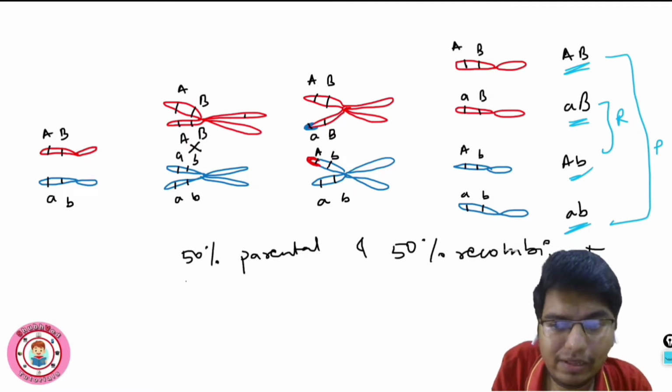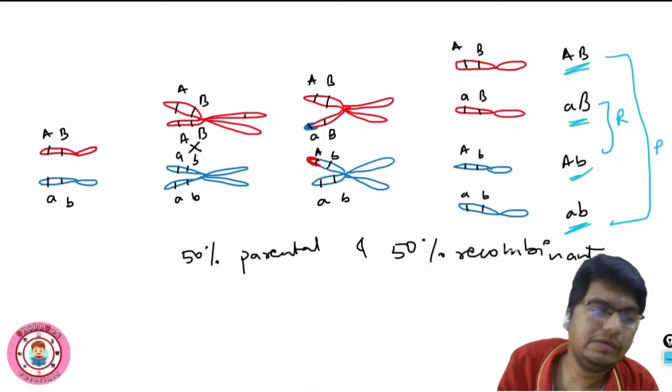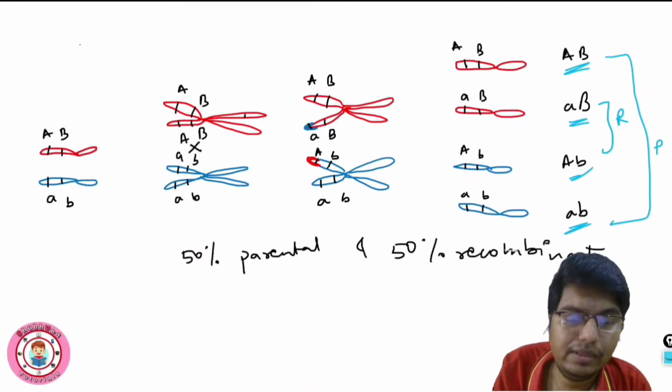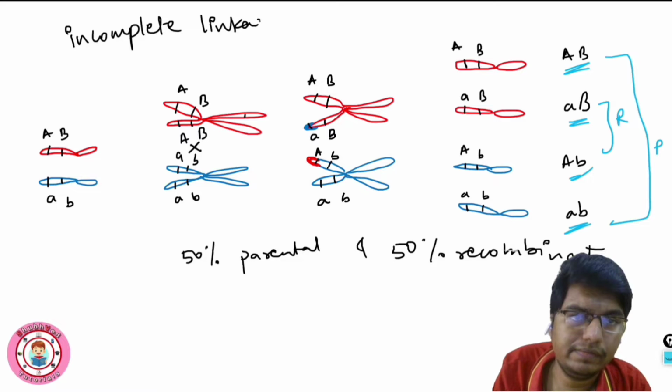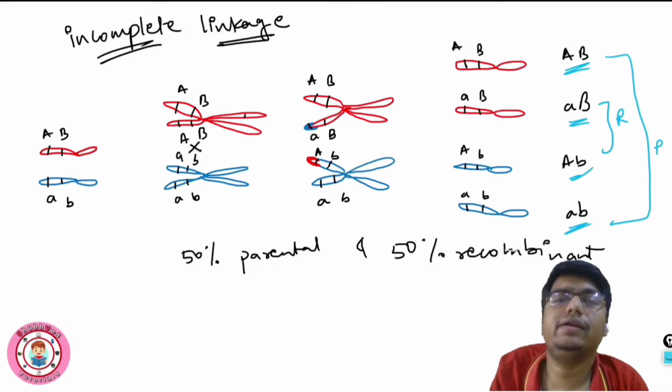Now this type of linkage or inheritance is known as incomplete linkage, in which we can see recombinant offspring, recombinant gametes too.